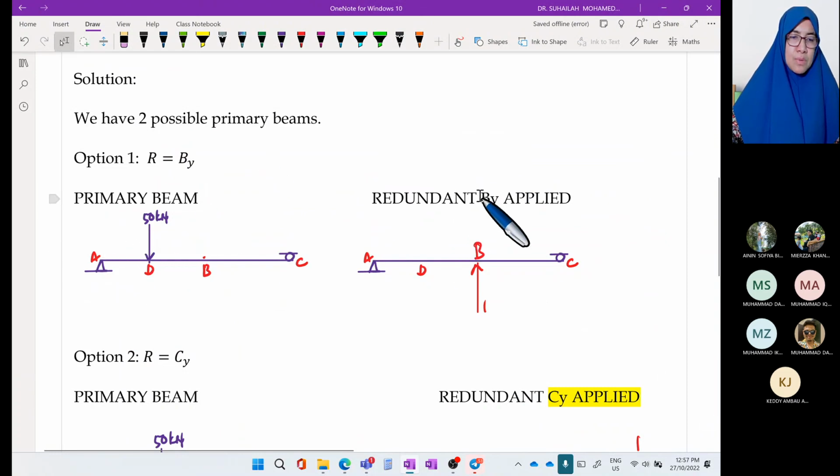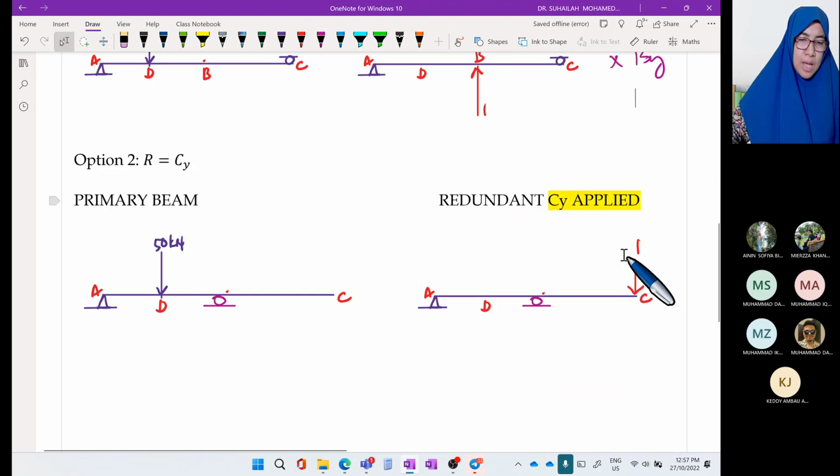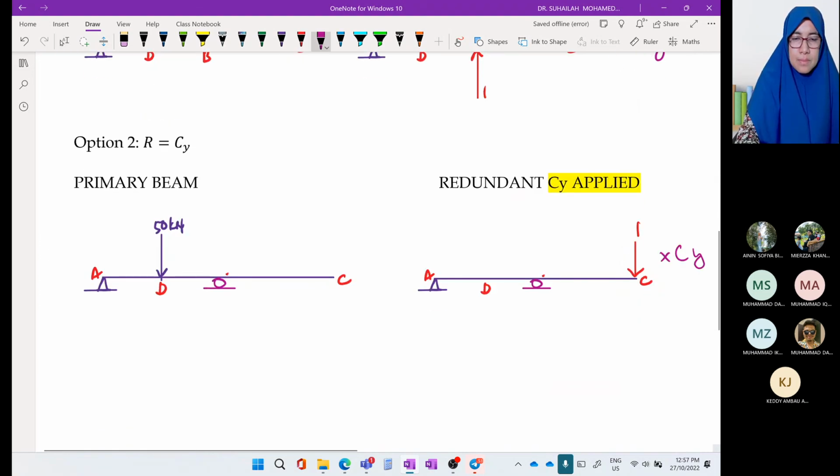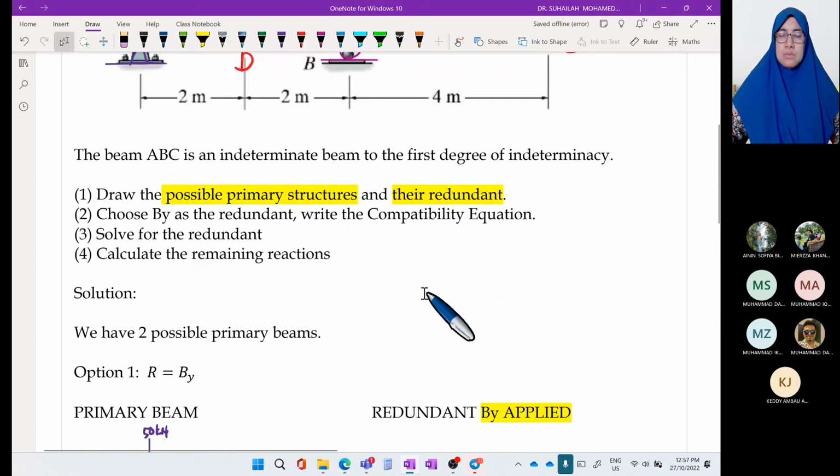And this time, because this is BY applied, we have to apply a unit value at position B, because this one is actually times BY. So this is what we times BY, this is what we times BY, and the one below we also times BY. Can you understand number 1?